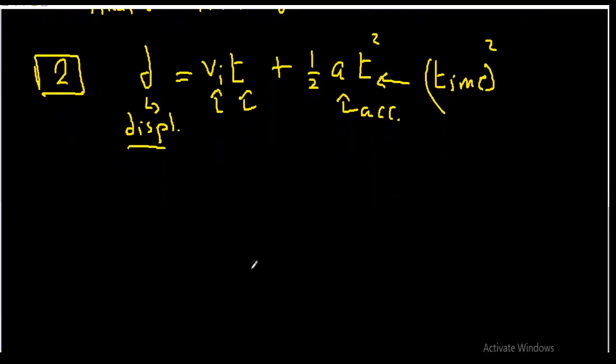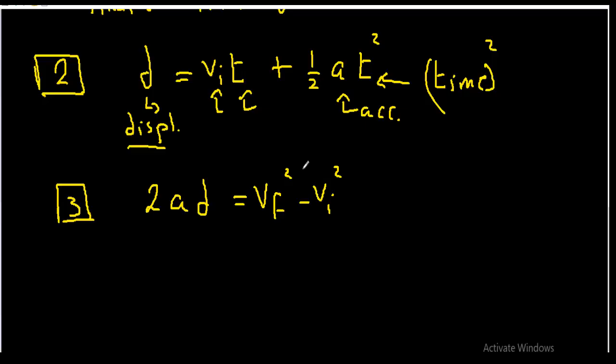And the third equation of motion, 2ad equals Vf squared minus Vi squared. Sometimes, no problem if you start with Vf squared minus Vi squared equals 2ad, the same.